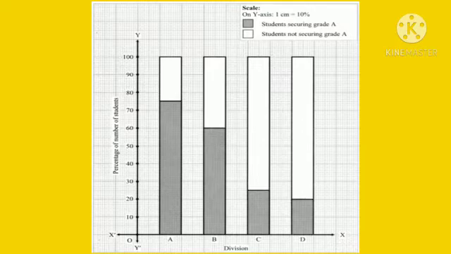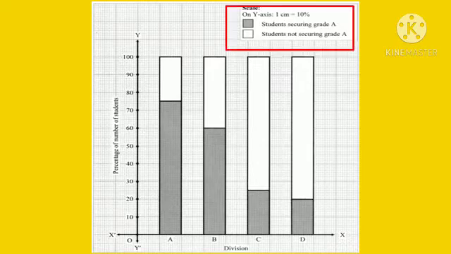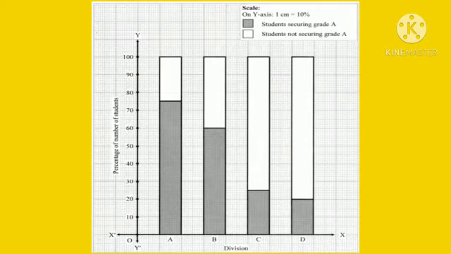After that, on the right hand corner of the graph page, we are going to write down the scale. So the scale is, on the y-axis, 1 centimeter is equal to 10%. The shaded part of the bar represents students securing grade A, and the non-shaded part of the bar represents students not securing grade A. In a percentage bar graph, all the bars are of 100 units.